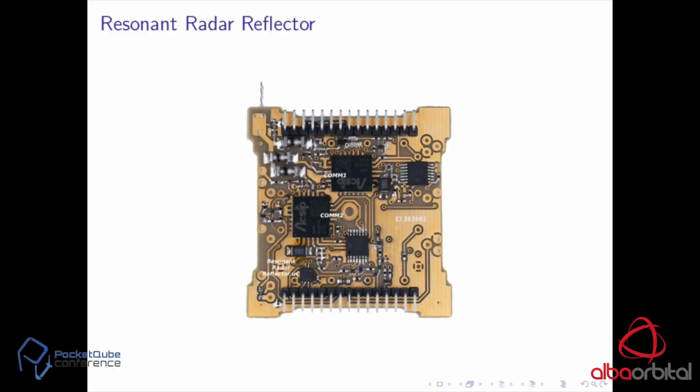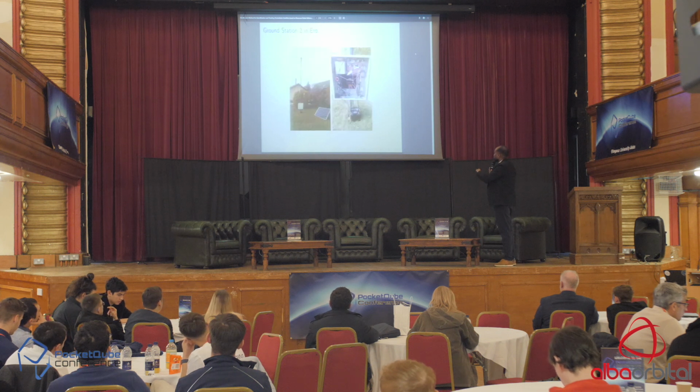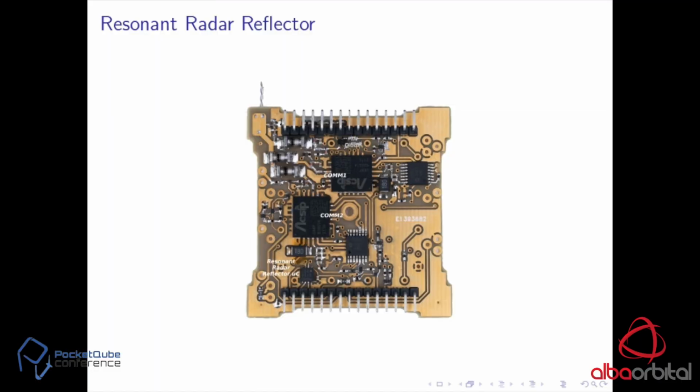So the concept of the resonant radar reflector. As we see here on the board, this is the communication subsystem. Here is the first communication subsystem, and this is the redundant pair of the communication subsystem.